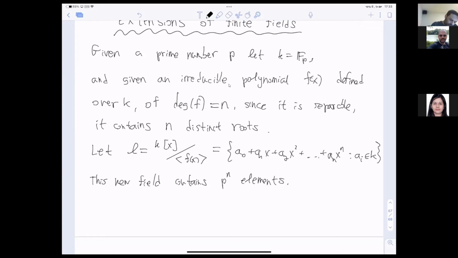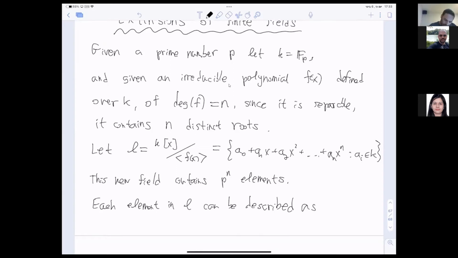Now, each element in L can be described as a vector in K^n, isn't it? You just take the coefficients.